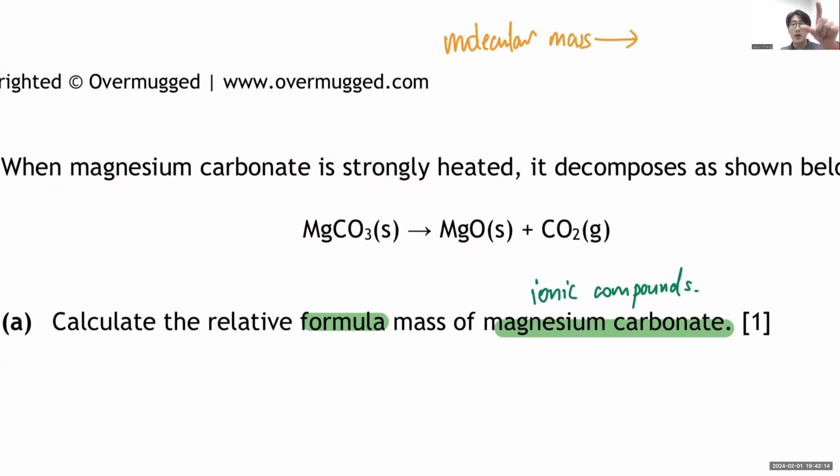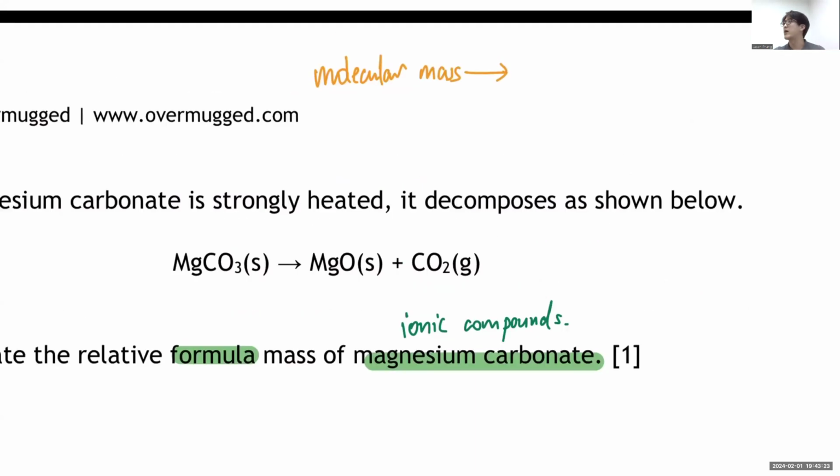So relative formula mass for ionic compounds. Relative molecular mass, what kind of compound then? Other than ionic, it's the easier one. This one, covalent molecules.